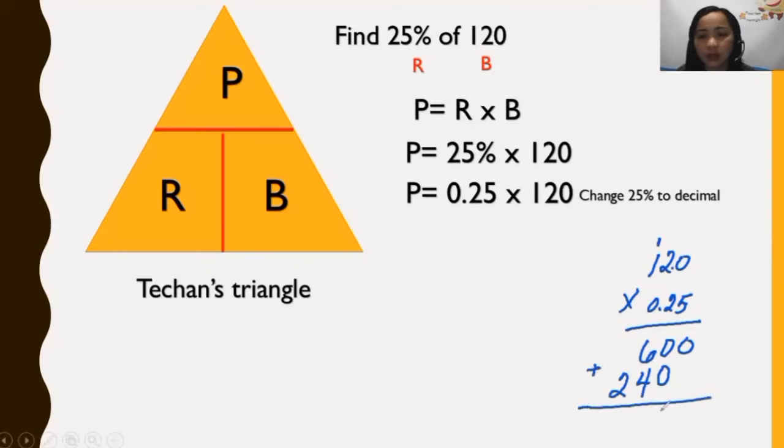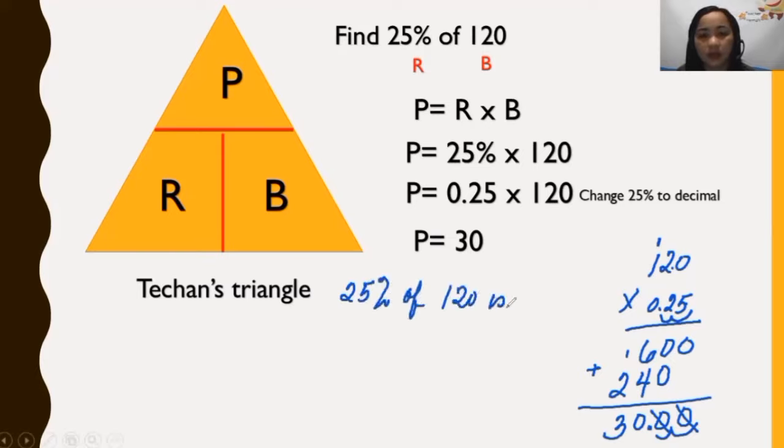Then add the partial product. We have 0, 0. 6 plus 4 is 10. Carry 1. 2 plus 1 is 3. Count the decimal places. We have 1, 2. Therefore, the answer for this problem is 30. Then, we could say that 25% of 120 is 30. So this is the answer for this problem.